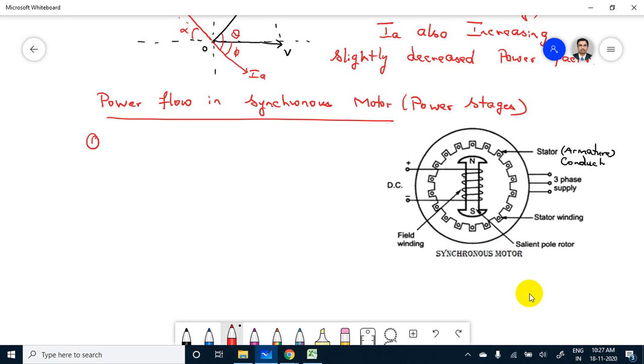So first step, we are giving input to stator. Okay, input to stator. The first step will be AC electrical power input to stator.